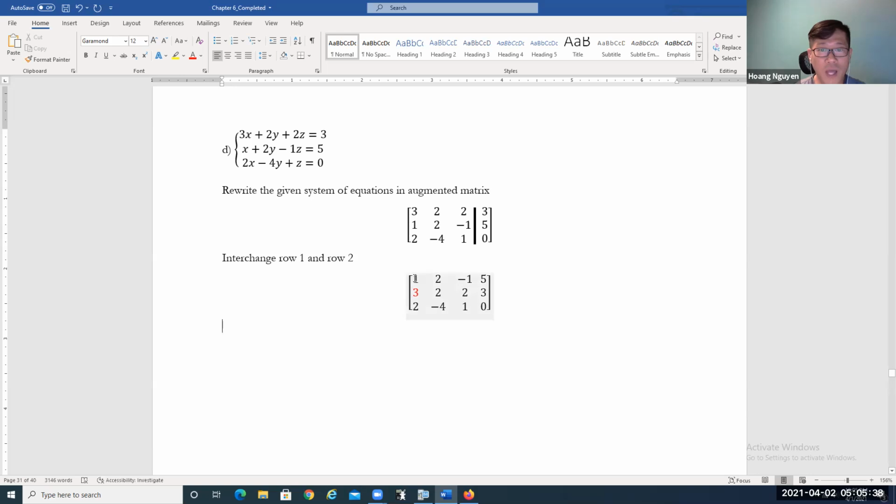So I will multiply row 1 by negative 3, multiply the first row by negative 3, and add it to the second row to replace the second row.